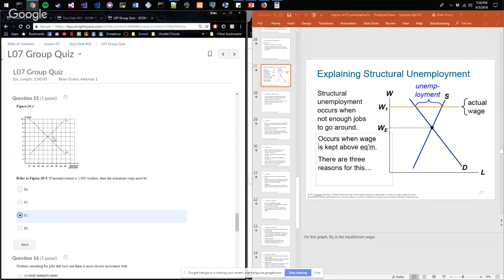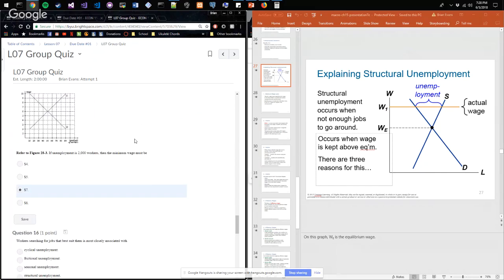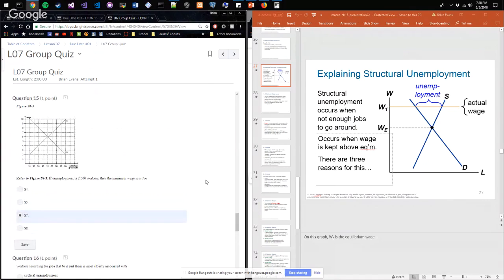So the equilibrium is at 6, and at 7 there's a difference of 2,000 between the supply and demand. Gotcha. I don't know why it has to be above the equilibrium, but I guess that's what the book or the PowerPoint is showing. So I guess that's what we'll go with. Anyway, do you agree with that though? Does that make sense? That reasoning, yeah. Okay, cool. We'll go with that then.